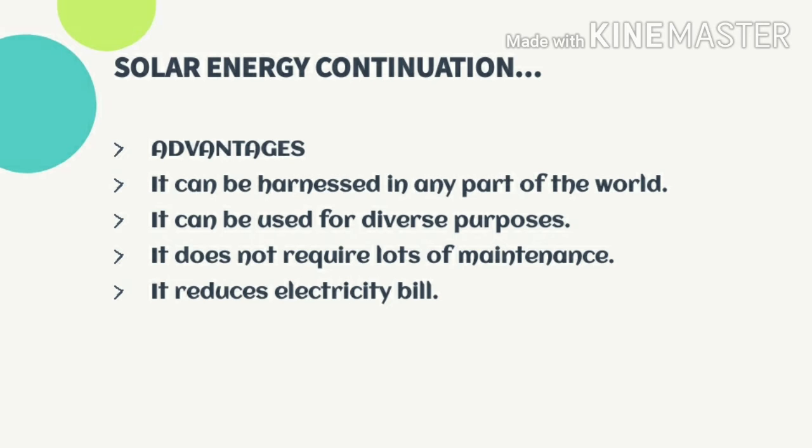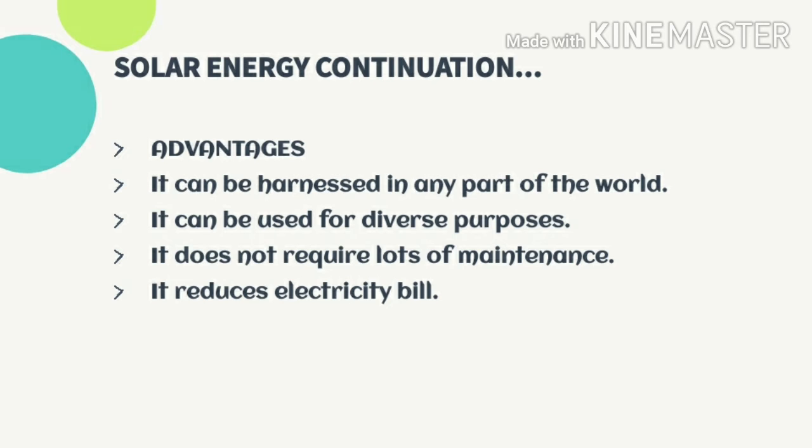Then it does not require a lot of maintenance, since the manufacturers of the solar panels actually give a 20 to 25 years warranty, so there are lesser maintenance charges. Apart from that, it does not have any moving parts, so there is no question of wear and tear.